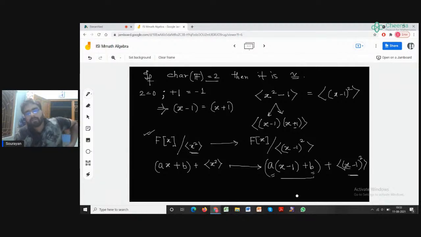Since it's an ideal generated by an element which has degree greater than or equal to 2, it cannot contain an element which has degree less than 2. So a(x minus 1) plus b belongs to this ideal only when a and b are both 0. And a and b both being 0 implies this is a trivial element.